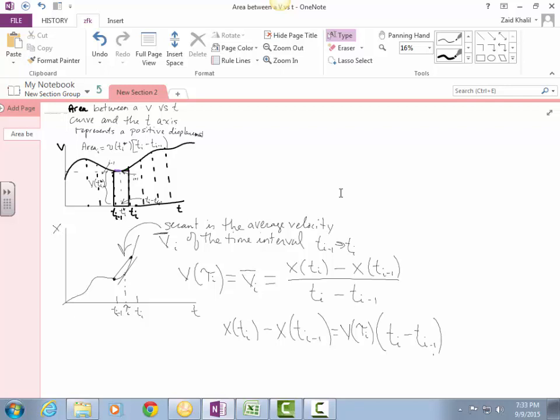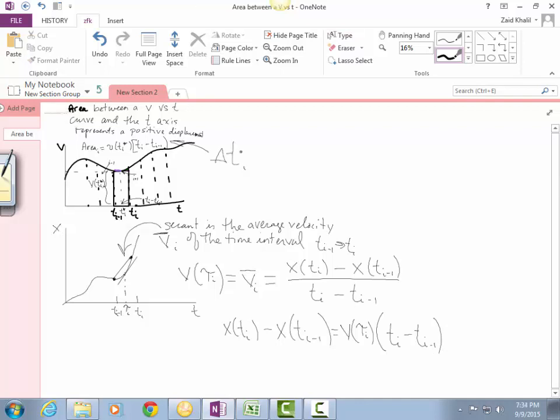And remember, t_i star is an intermediate time between t_i and t_{i-1}. And that's the area of the rectangle. The displacement over that time period is equal to v of tau i times t_i minus t_{i-1}, which, by the way, is just called delta t_i. That's your change in time.